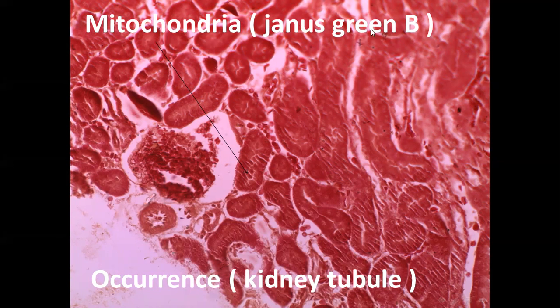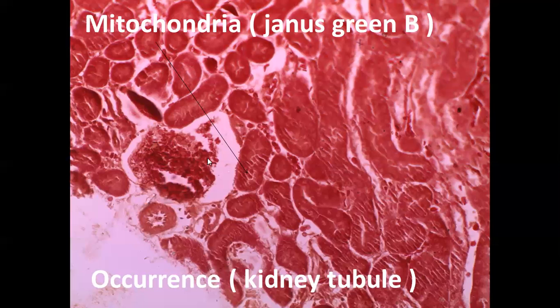A special stain, Janus green B. In this figure, we observe different types of tubule because this section is taken from what? From the kidney tubule. You know that the kidney consists of tubules. This is also a kidney tubule, and this too. This slide consists of different parts of the kidney tubule.